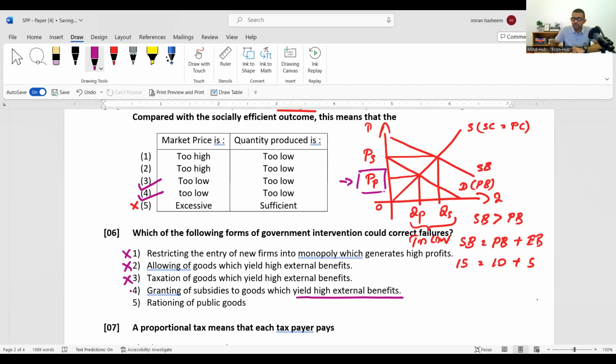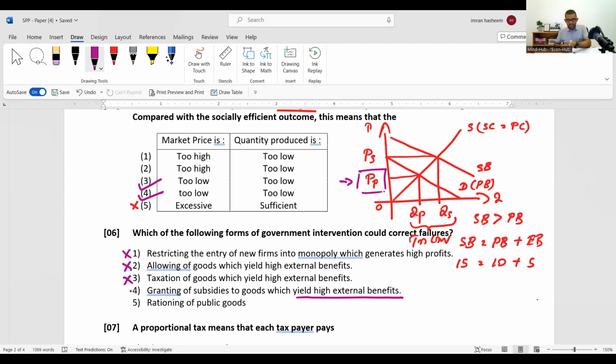Rationing of public goods. Why is number 5 not correct? Market doesn't provide public goods. Rationing of public goods means there is some small quantity of public goods produced by the market. Government comes in and helps ration those, like the shortages that are created when the government has a maximum price control or a price ceiling. Then the government will have a product rationing system.